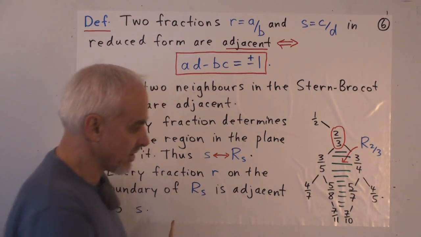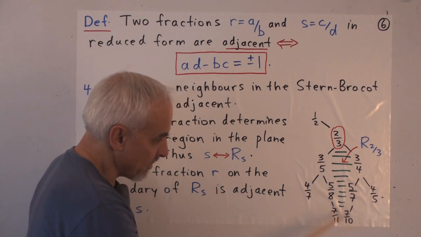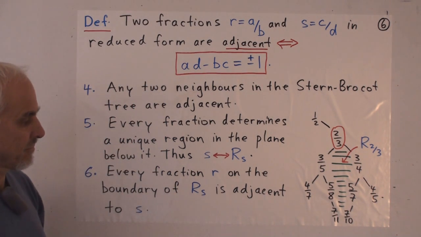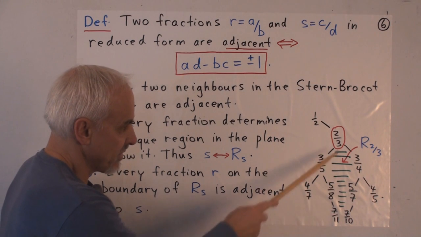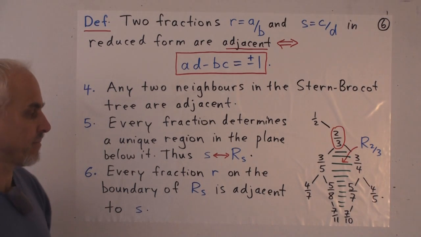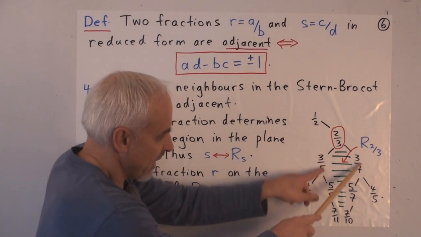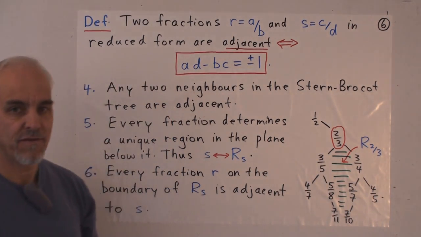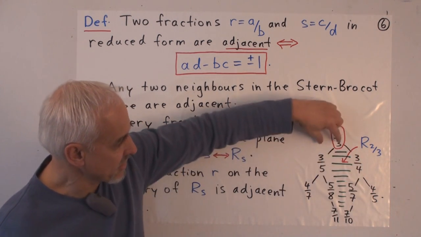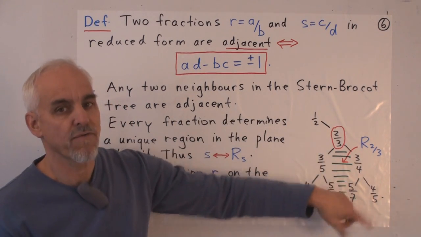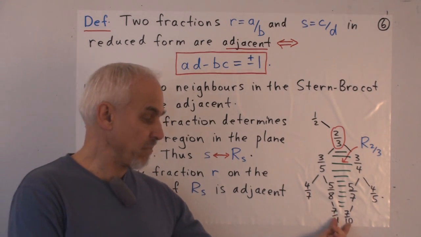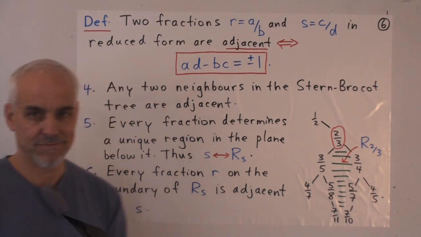Or 2/3 is adjacent to 7/10 because 2 times 10 minus 3 times 7 is also minus 1. Same thing with 7/11: 2 times 11 minus 3 times 7 is plus 1. So there are as many adjacent fractions as you like. Just keep going down here on the boundary of R sub 2/3 and you get more and more fractions which are adjacent to 2/3. They'll be getting bigger and bigger as we keep going down.